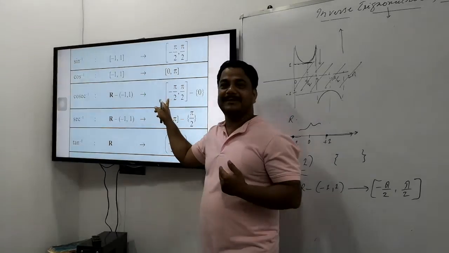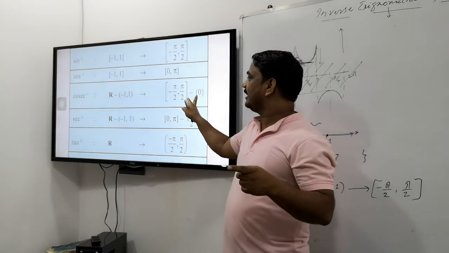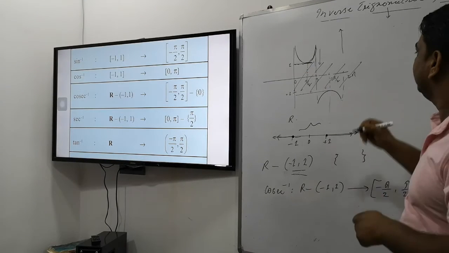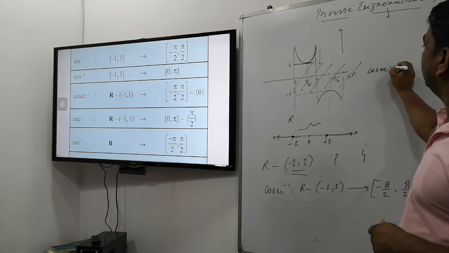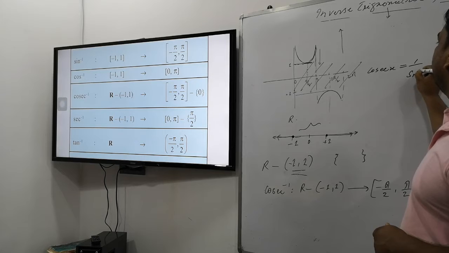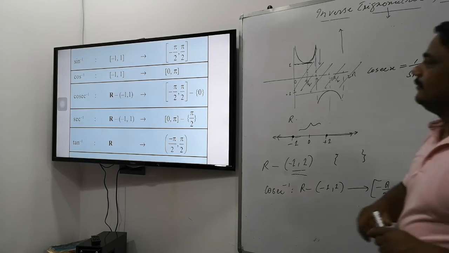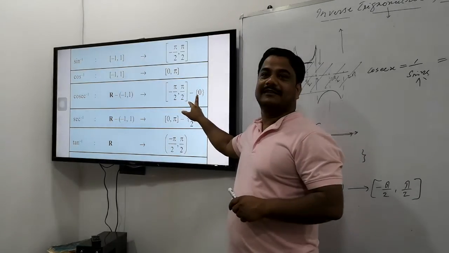What is the range here? The cosec is not working for 0. As you may see, cosec x is 1 by sin x. If x is 0, then it is not defined. So cosec does not work for 0, and 0 is to be subtracted.